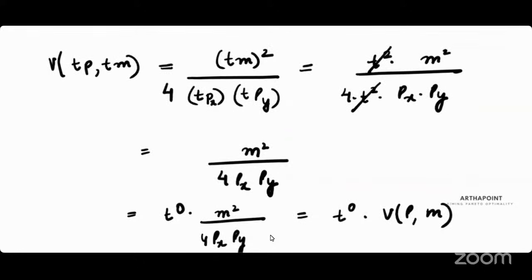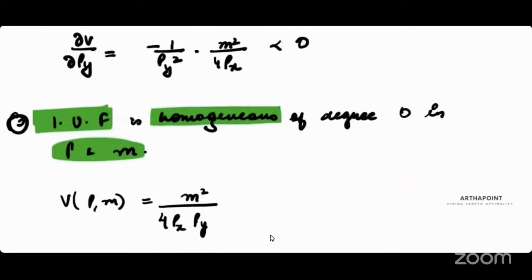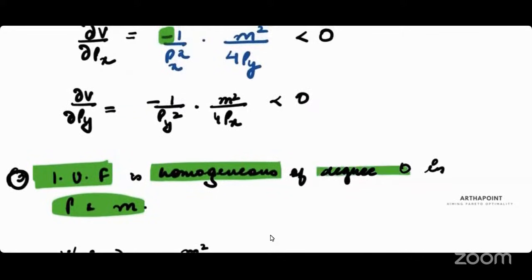So I have multiplied everything with t and I am getting back my original utility function, and the power of the scalar that I got out is 0 in this case. I will show you when the power is 1 also. But in this case, it is 0. Because the power is 0, we can say that it is homogeneous of degree 0.